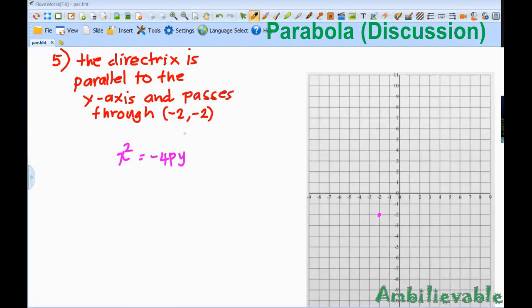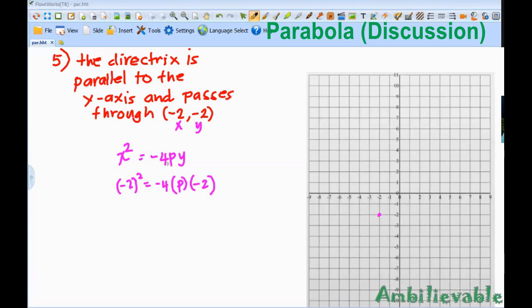Okay, so since we are sure that it opens to the left, then we need to get the value of our p. So therefore, x squared, we have x and this is y. So we have negative 2 squared equals negative 4p and y, which is negative 2. Sir, the formula is positive 4py. And it's y squared.